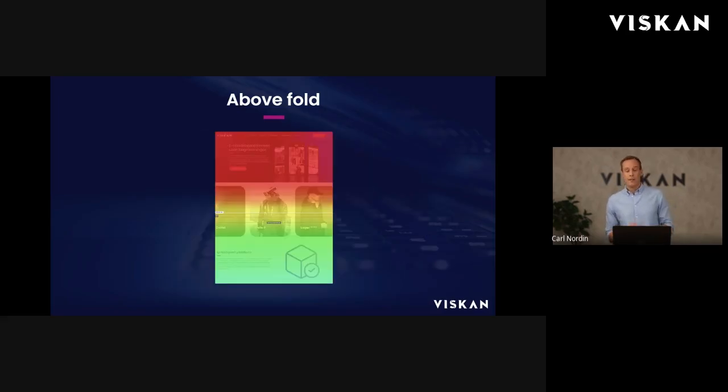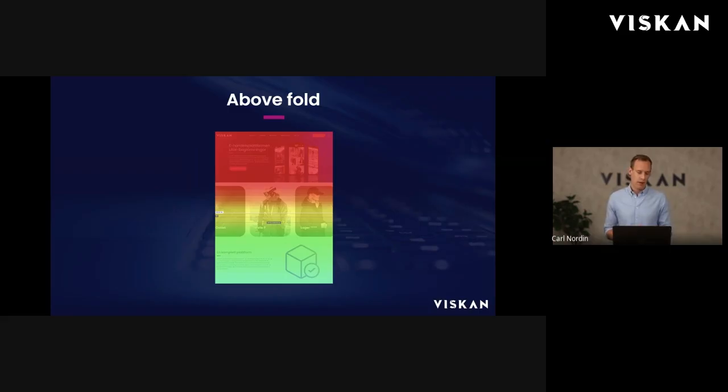And why is this important then? Well, we can see in this image, it's called a heat map image, where we can actually measure how far your users scroll on any page on your website. The red area is basically where most end up. And the further down you go, the colder the color gets.